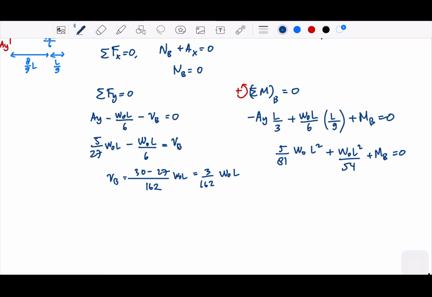I think we can compute with 81. So 5 plus 1.5.